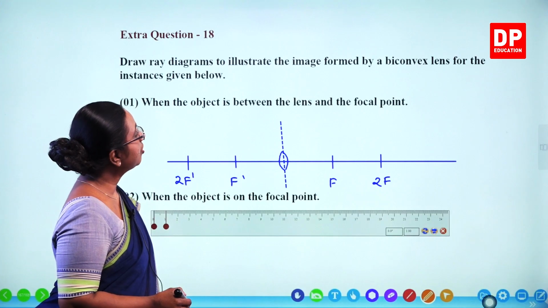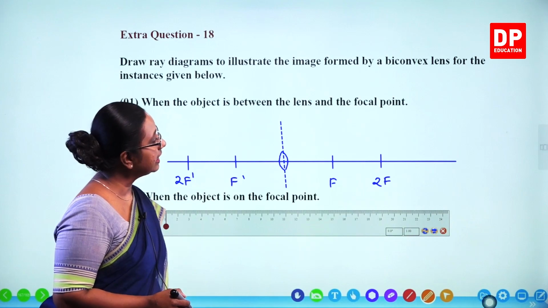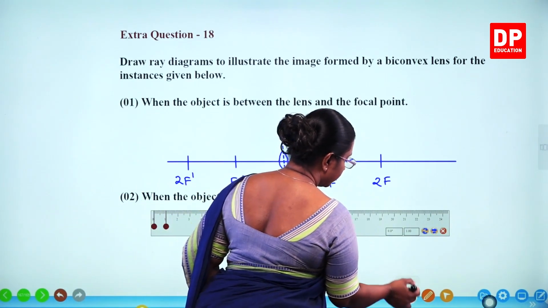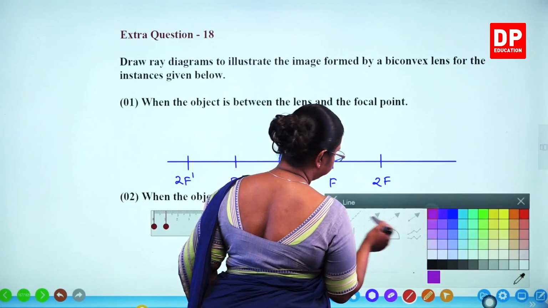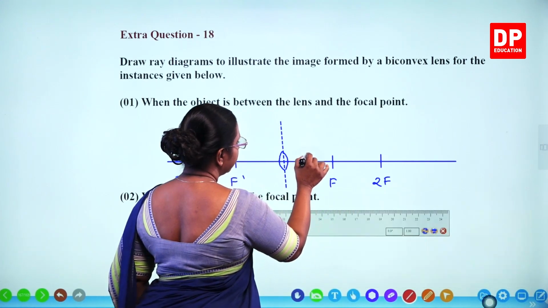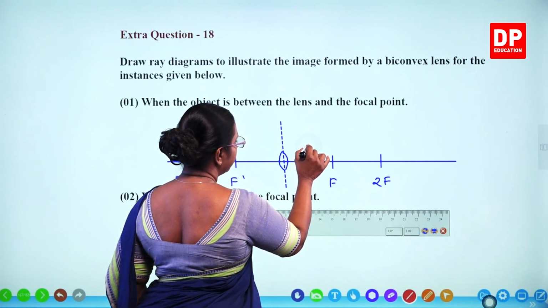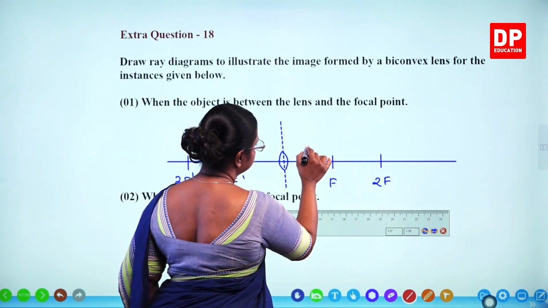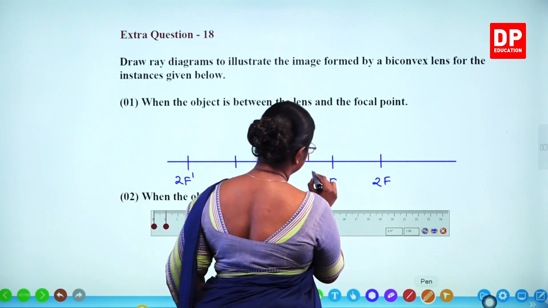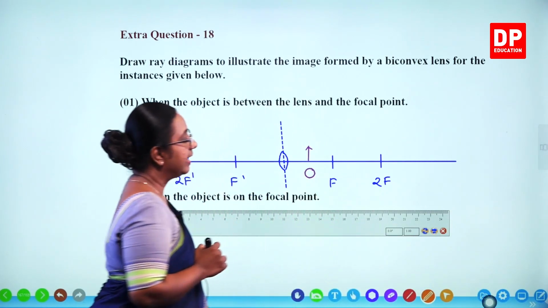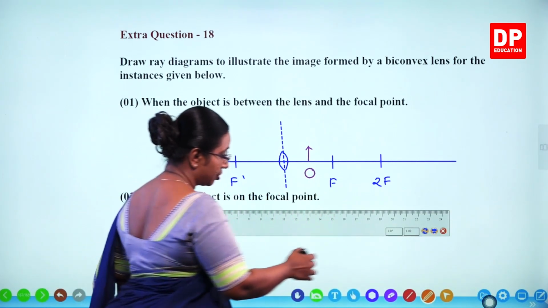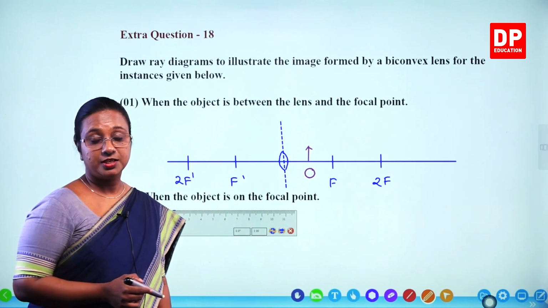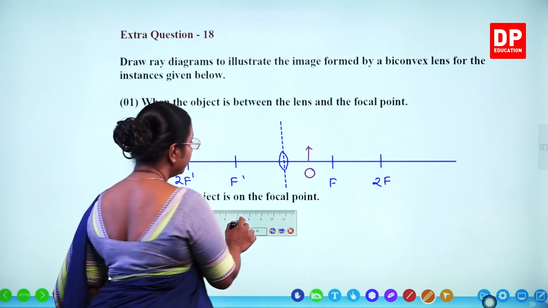Then we need to draw the object between the lens and the focal point. So, I will use a different color. So, that is the object. Then we need to draw the rays that are coming from the object. So, you know what to do.